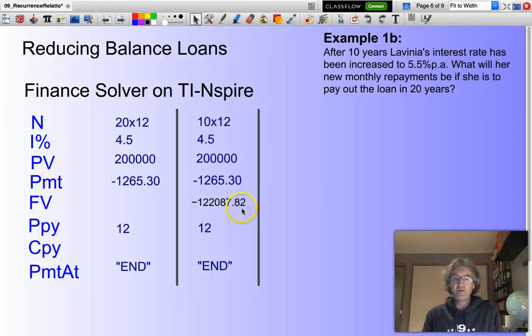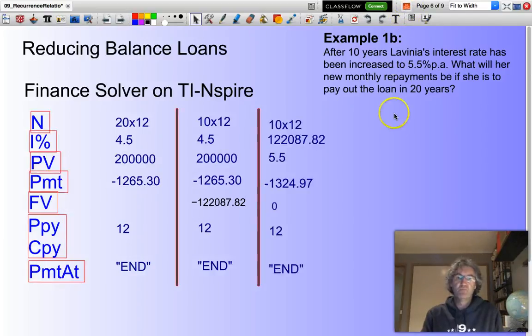Now, what I need to do is consider that as the starting point for a new loan, which is going to be calculated for the next 10 years. So, for the next 10 years, we will start with $122,087.82.